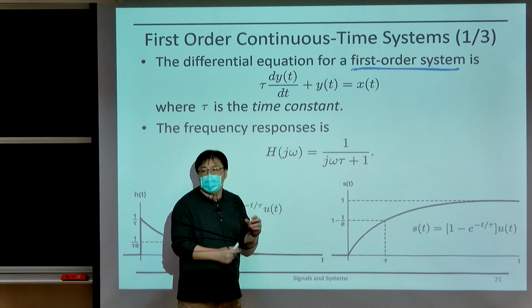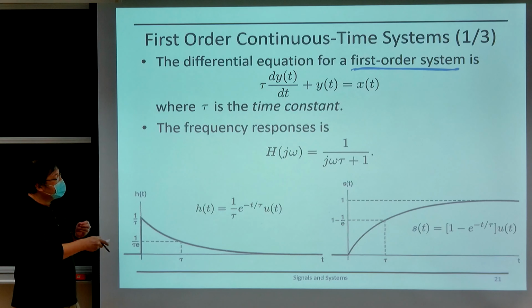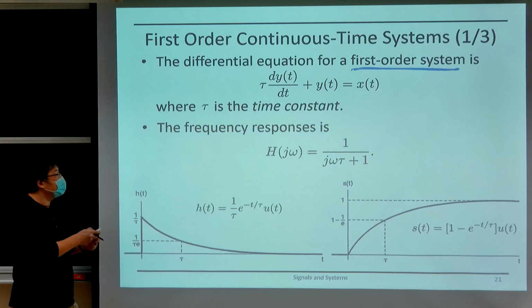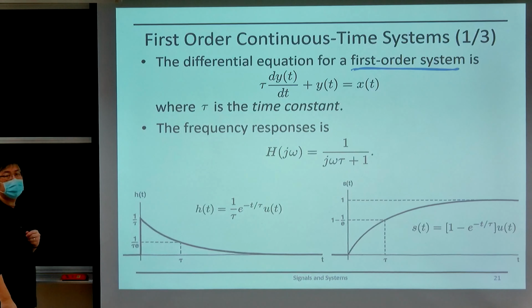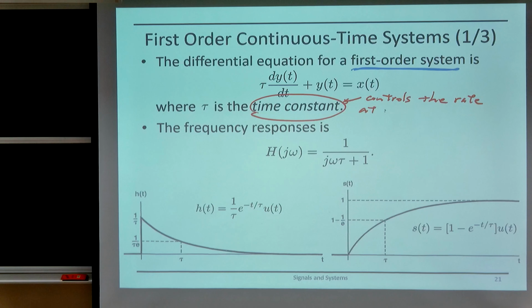So the dependency of the time on tau is opposite from the dependency of omega on tau. So this time constant here controls the rate at which the system responds.